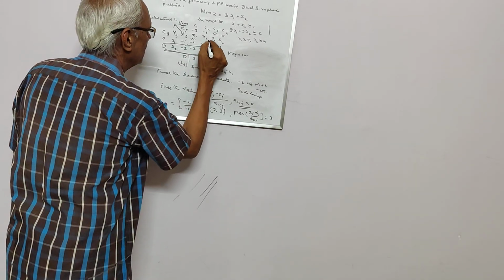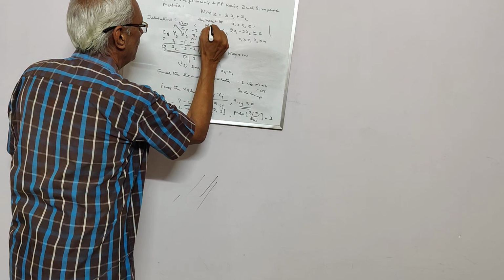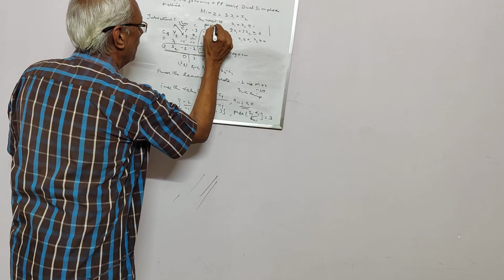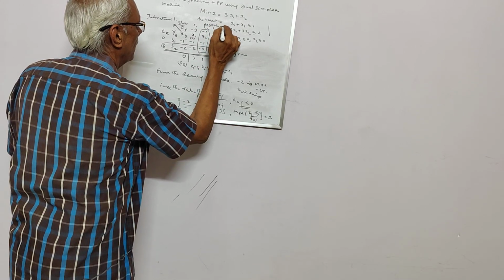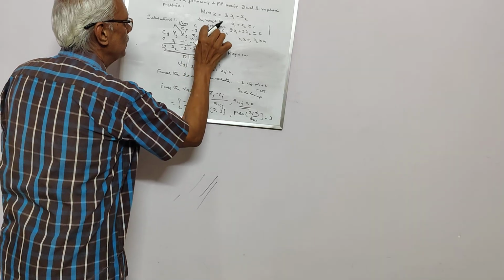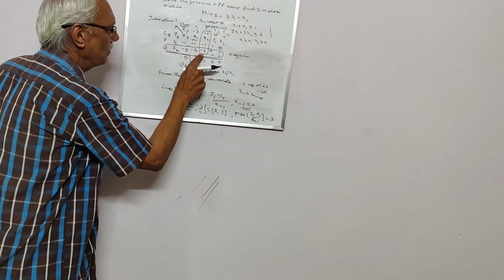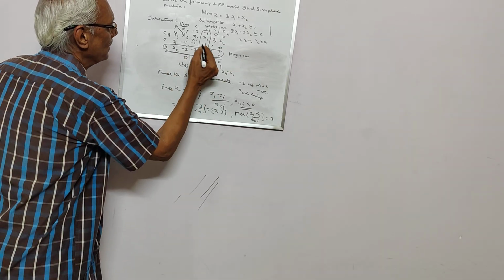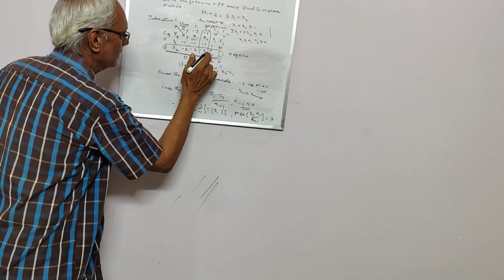So this is your key column. This is your key column and this is your key row, and here I will write.